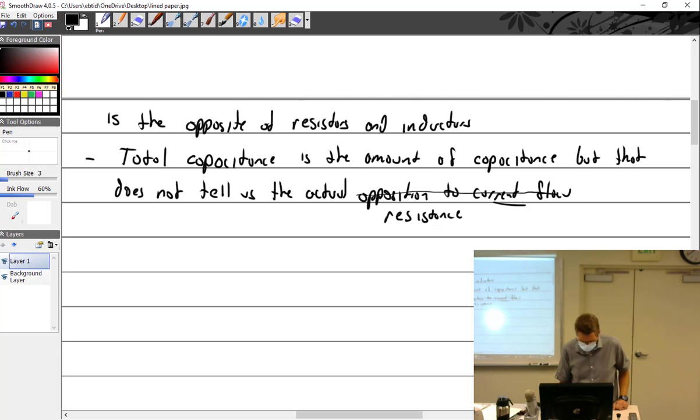And we call it, what do we call the other thing with inductors? Inductive reactance.